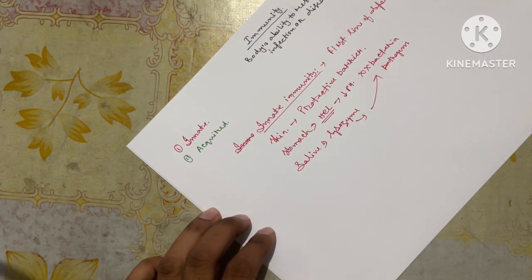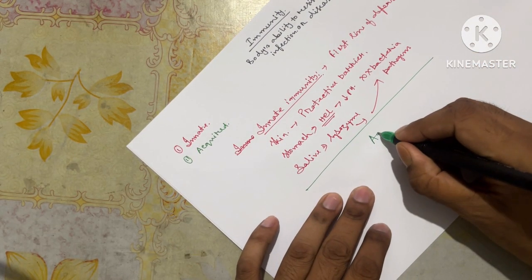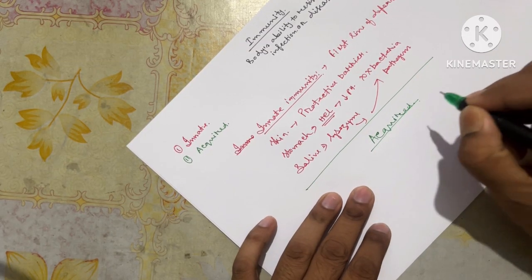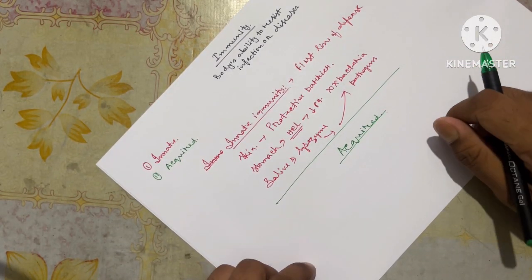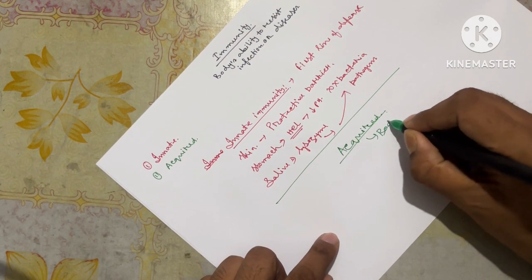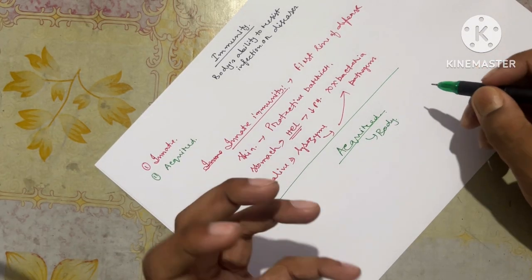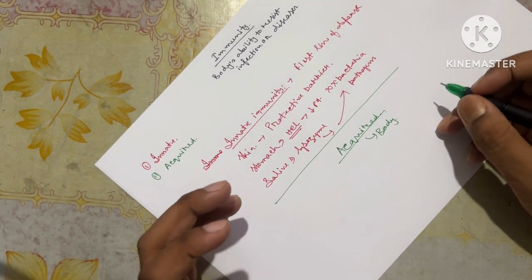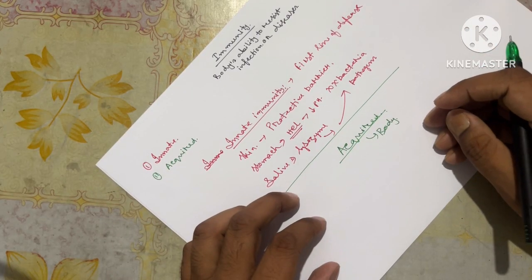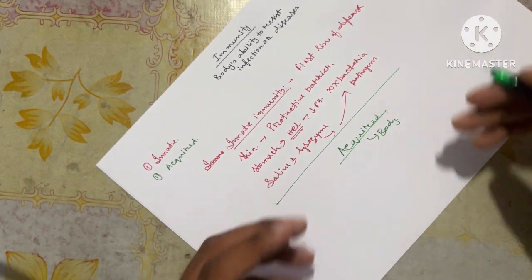Now if we come to acquired immunity, it is a little bit difficult and a little bit complex. Acquired immunity means our body acquires that immunity, maybe from natural sources or maybe from artificial sources. Maybe it is active acquired immunity, maybe it is passive immunity.